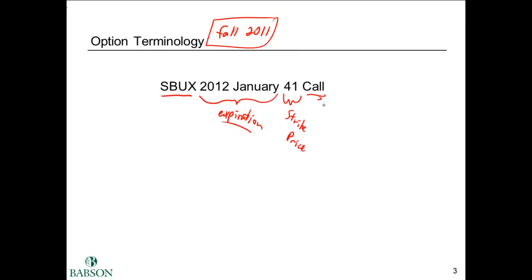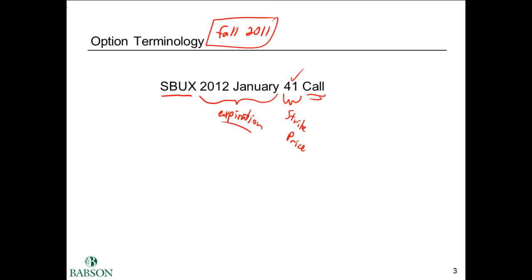And of course, we can see it's a call option. So there's a call option that's traded on Starbucks stock that allows you the flexibility to buy a share of Starbucks stock on or before January 2012 for $41.